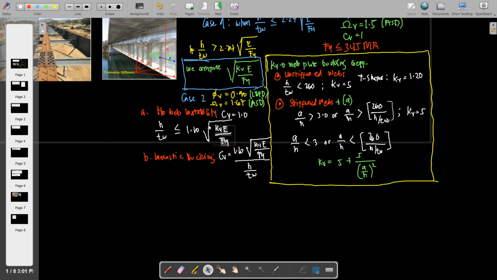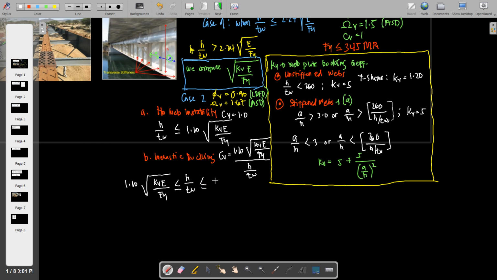So, this expression here, kung mas malaki nga to, so, magiging ganyang symbol mo, pupunta dito yung H over TW. And in here, magkakaroon tayo ng upper limit.